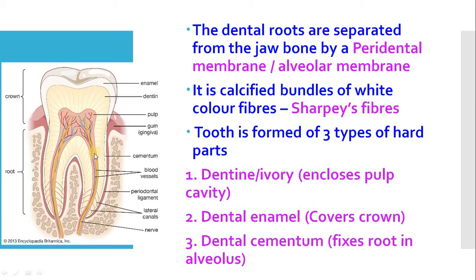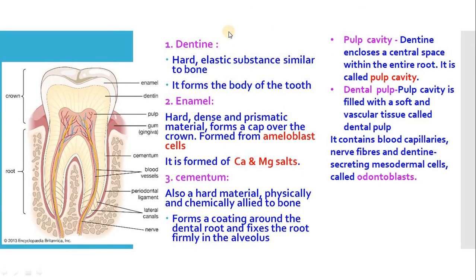It encloses the pulp cavity. Then dental enamel, the outermost portion which covers the dentine or covers the crown of the teeth. Then dental cementum fixes the root in the alveolus. That's a particular substance that fixes the root in the alveolus or the dental socket. Let's see the details.